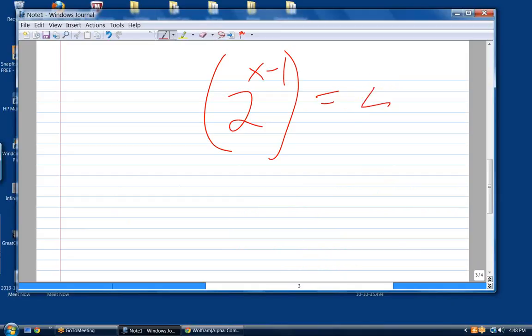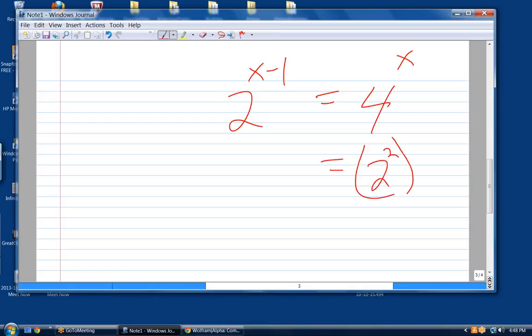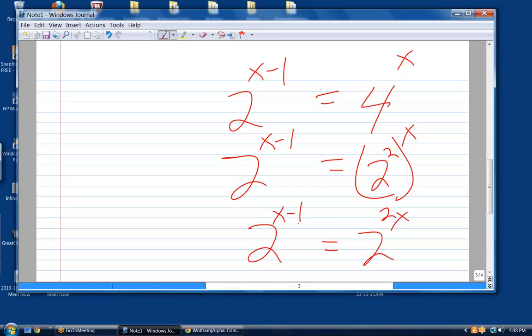If it was, say, 4 to the x, now I can really solve this easier by writing 4 as 2 squared. Now combining that, so I get 2 to the x minus 1 equals 2 to the 2x. Now, because my bases are the same, my exponents have to equal one another.